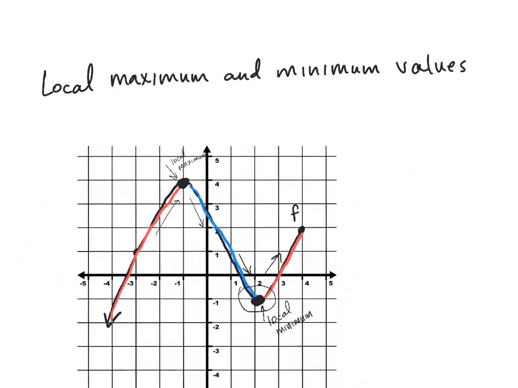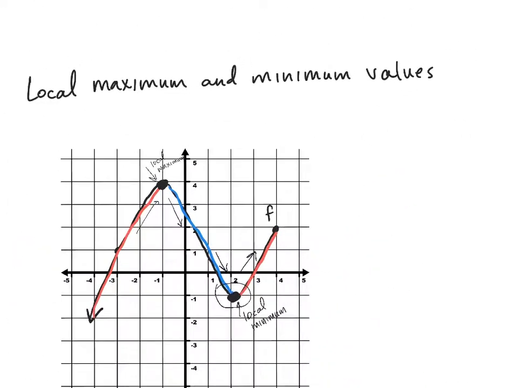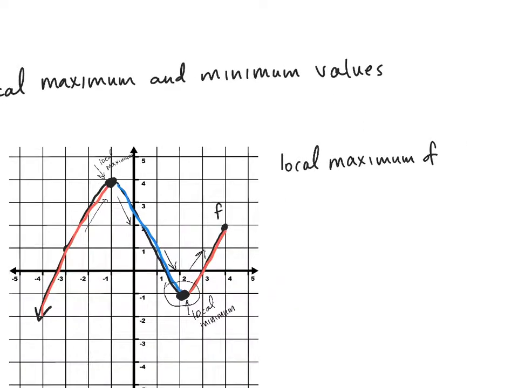So to find the local minimum and maximum values, here's how you state it. There's a local maximum of, and then you state the y value. There's a local maximum of y equals 4, or you could just say a local maximum of 4 when x equals, let's see, when x equals -1 right there.